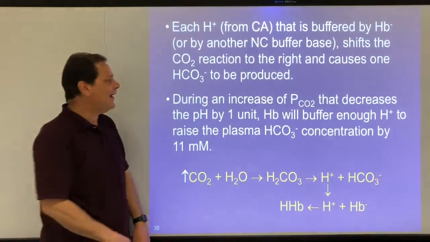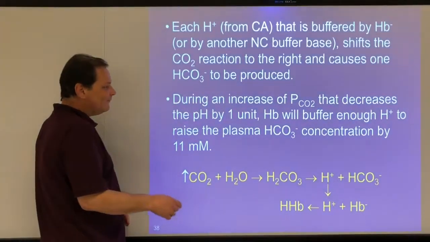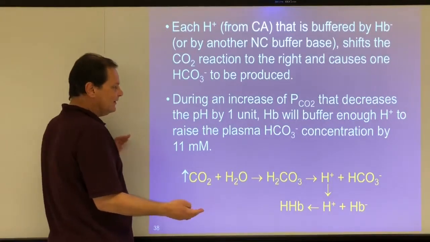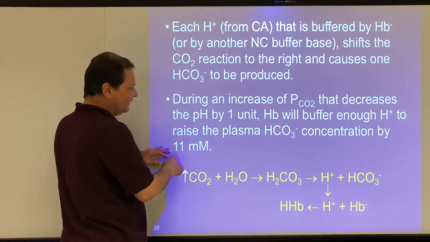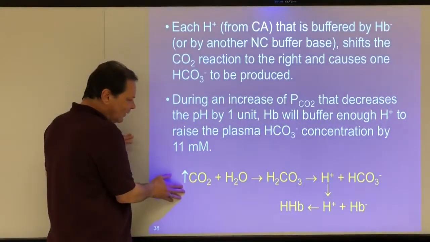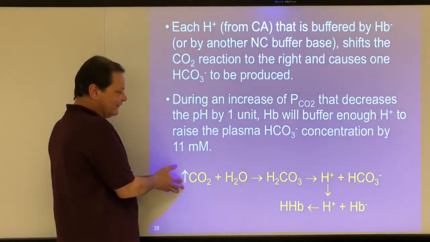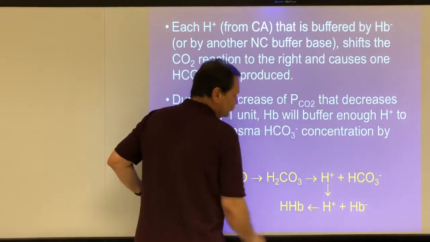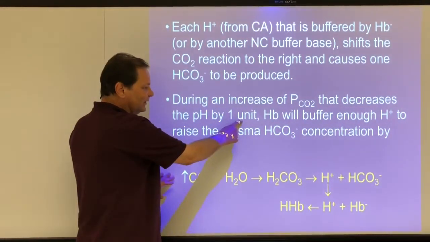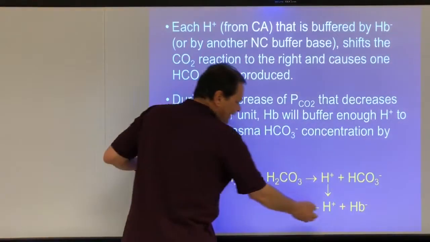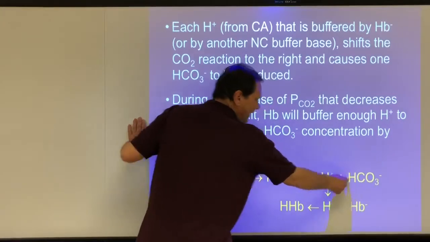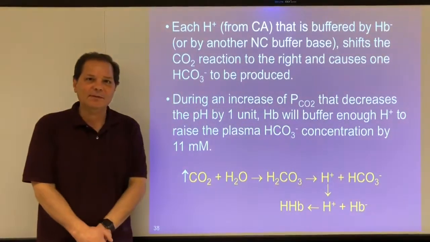So the answer to that is for every change of 1 pH unit, you get a change of 11 millimolar bicarbonate. So I raise my carbon dioxide. If I raise it a lot, enough to drop the pH by 1 unit, that means that enough hydrogen ions will be bound to hemoglobin to produce 11 millimolar bicarbonate.